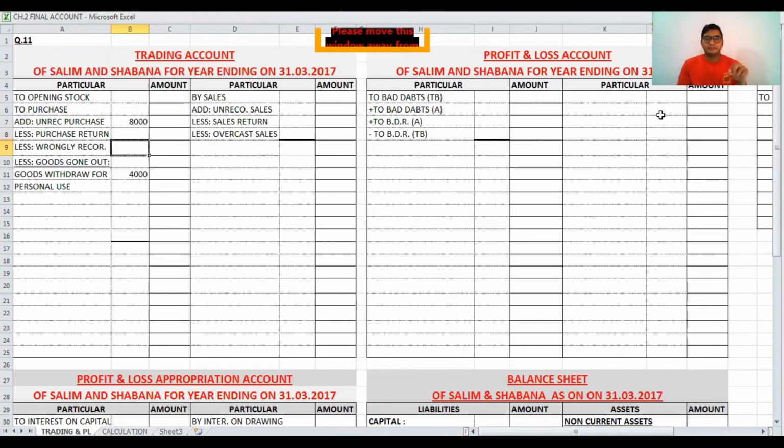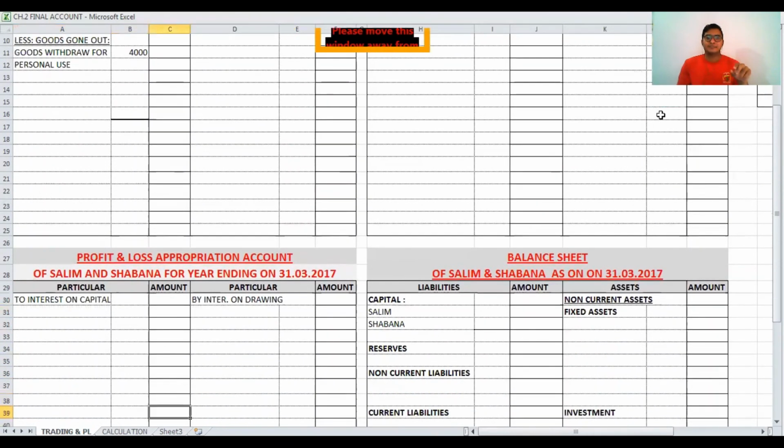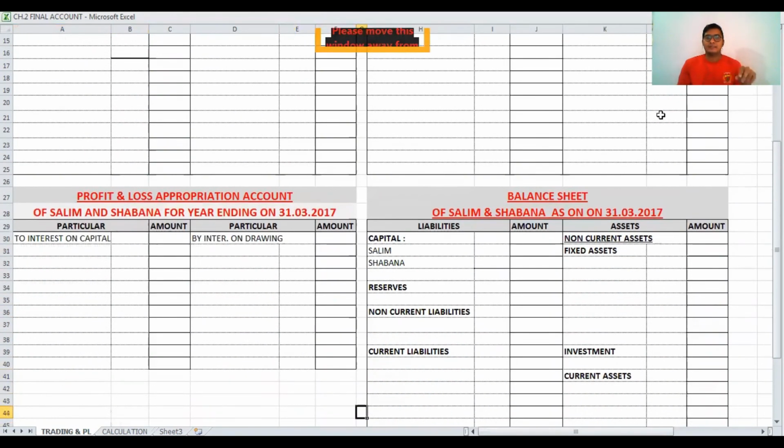The first entry is in purchase; the second entry is in the balance sheet liabilities side, under the heading of creditors, where we have to add the purchase. There are two entries for a single adjustment. First of all, we have added it in the purchase account. Second, we have to add it in creditors.